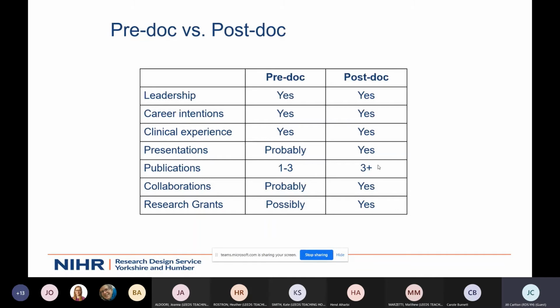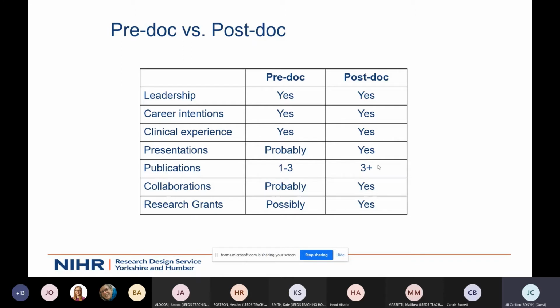There is a difference, obviously, when reviewers look at fellowship applications, about whether they're looking at pre-doctoral, so whether you're going for a doctoral fellowship or whether you're going for an advanced fellowship. This is a postdoc where you've already got your PhD. And I've popped some numbers on there in terms of publications, but actually the more experienced I am as an RDS advisor, and the more feedback that we get from looking at people's successful and unsuccessful fellowship applications, I think the numbers on there are quite arbitrary.